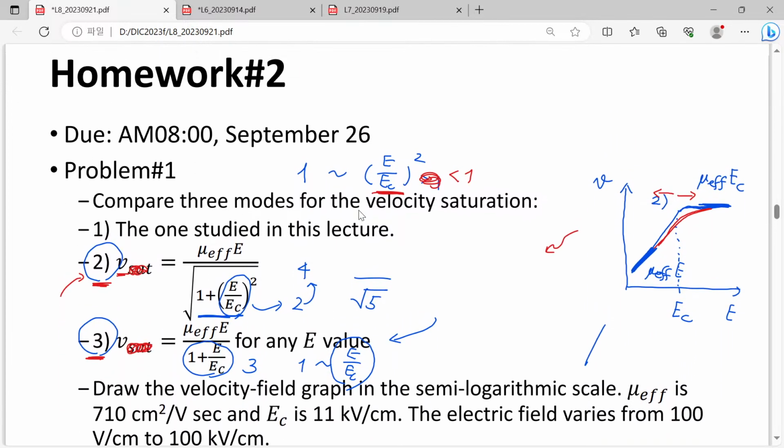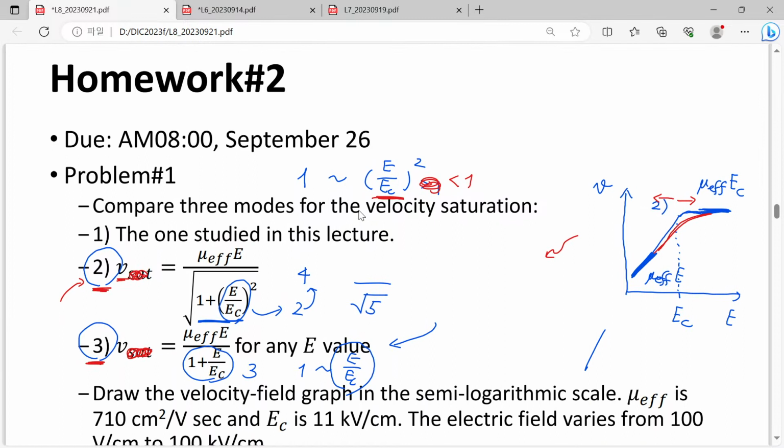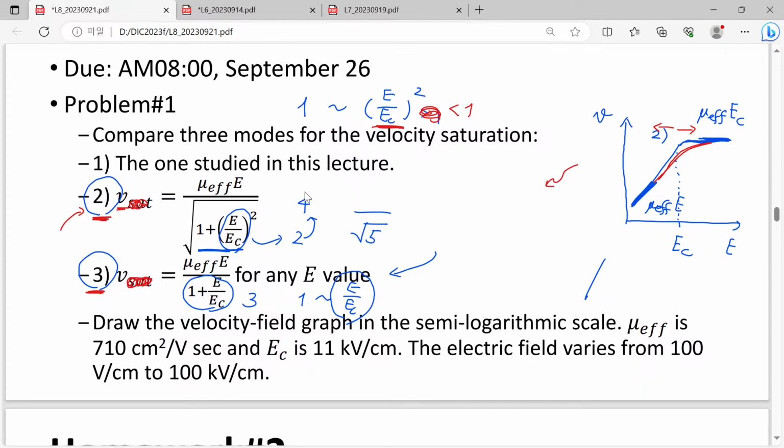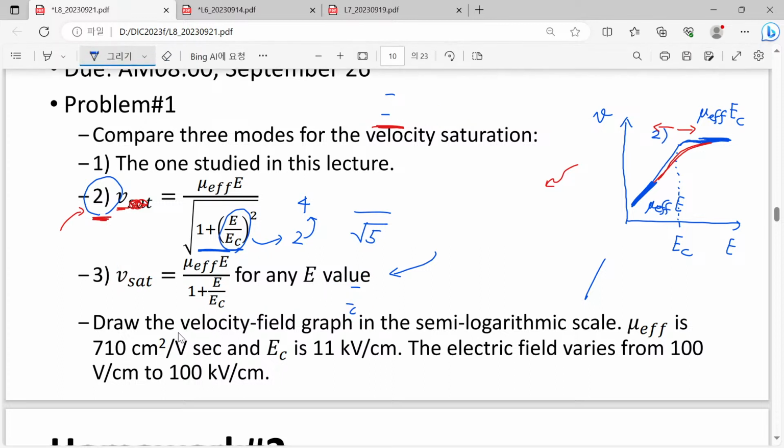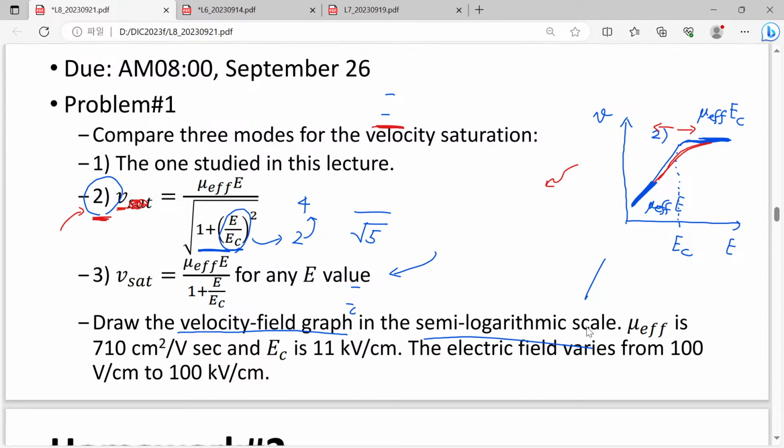And now you have the long-awaited homework number 2 eventually. There has been a twice delayed release of homework number 2. Problem number 1 is like this. It just asks you to draw velocity-field graphs in semi-logarithmic scale, the log graphs.